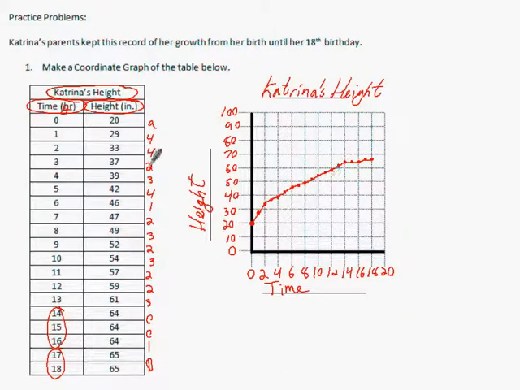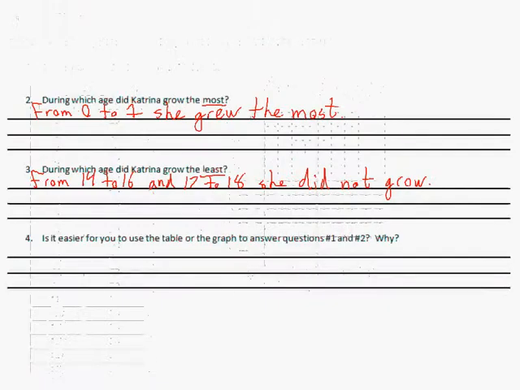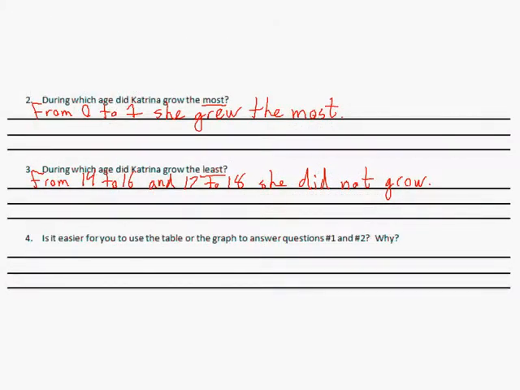I want to see the exact numbers so that I can add everything up, but it's up to you. I'm going to say the table. It's easier to use the table because you can see the numbers.